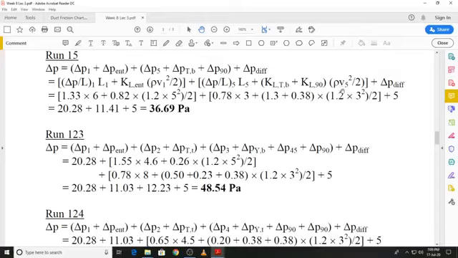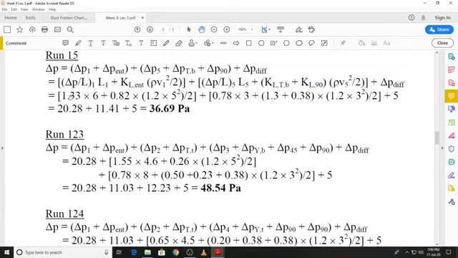So I have taken that and added the loss coefficients for the T into the branch and for the 90-degree elbow, and then finally the pressure drop of the diffuser.